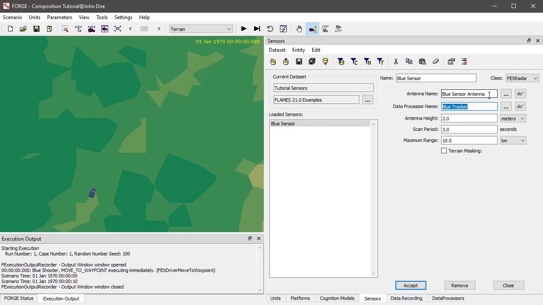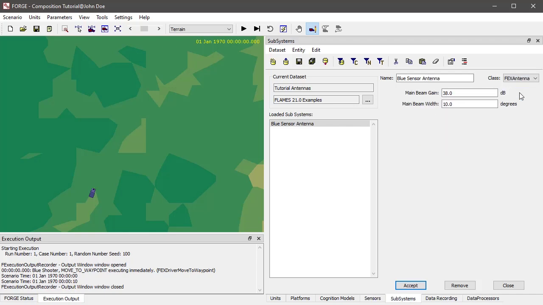It's based primarily just on geometry, but in order to show our customers how to build sensor models that use data processors and use antennas and how those models interface with each other, we put a very simple antenna model in it. So this antenna model just has a constant gain, a main beam gain and a main beam width. And we use those values in the calculation, but very, very simple.